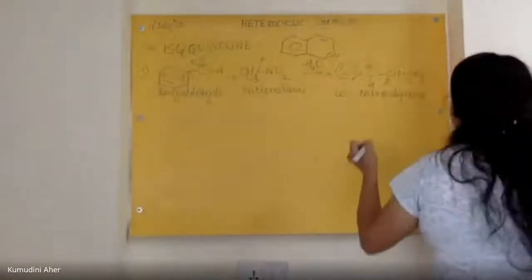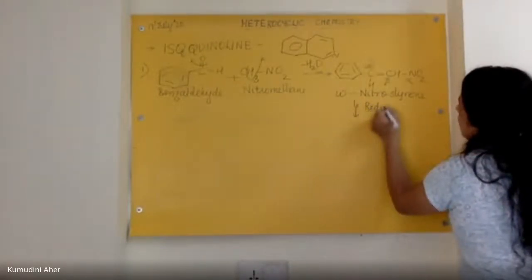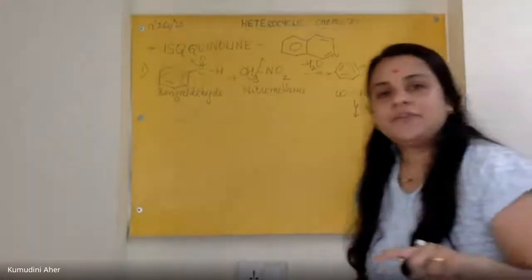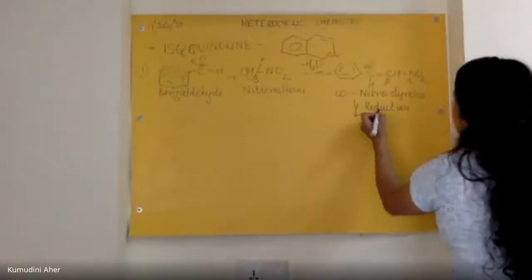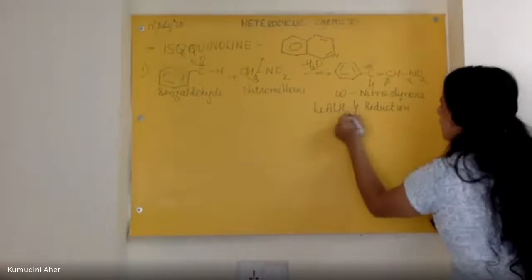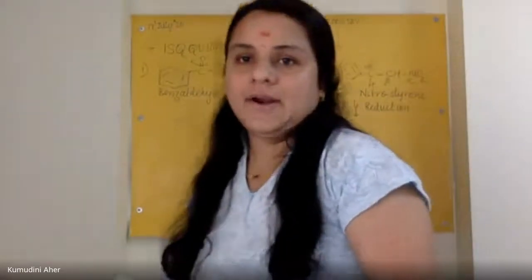Here I am now going to undergo reduction reaction. Reduction reaction involves addition of hydrogen or removal of oxygens, right? So for this reduction, we have to use a very, very strong reducing agent called lithium aluminium hydride.